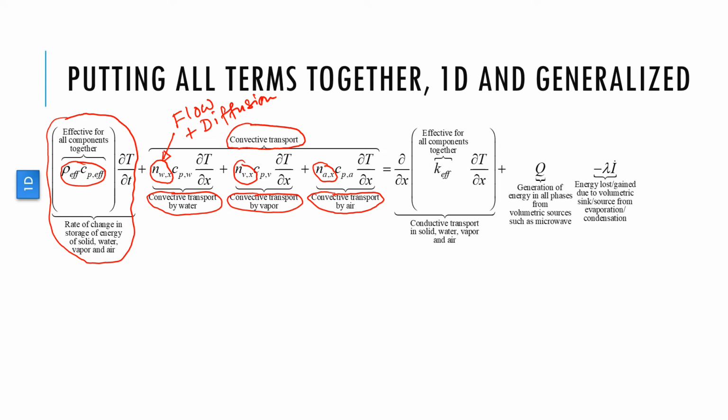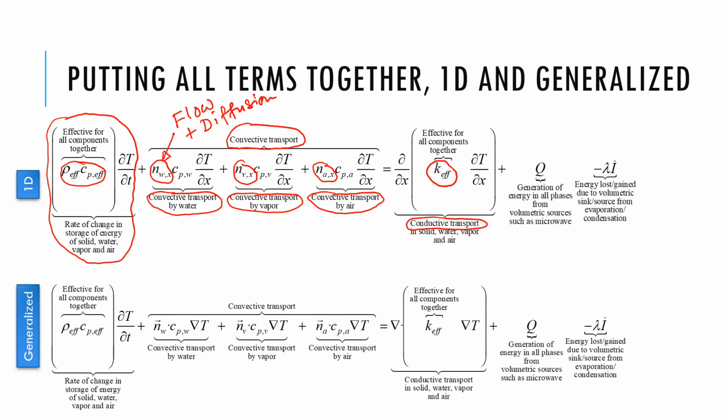And then the heat conduction term, the conductive transport term, where you have a K effective, or the effective thermal conductivity for all the phases combined as just described earlier, plus we have heat generation Q, and we have the sink term or the negative generation term due to evaporation, because evaporation takes away the energy due to conversion from liquid water to vapor.